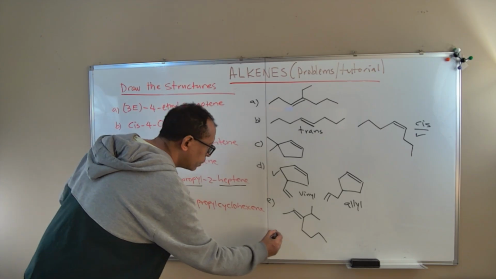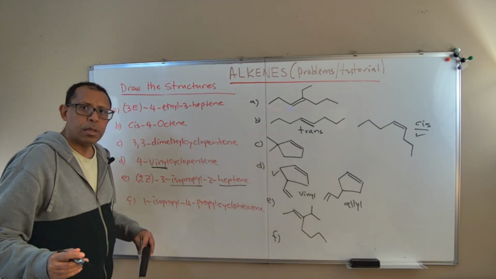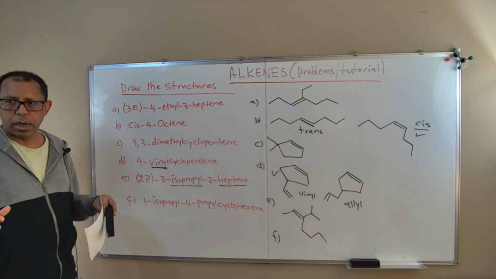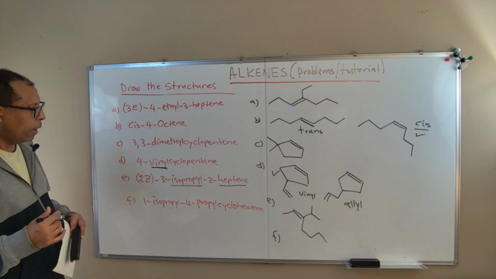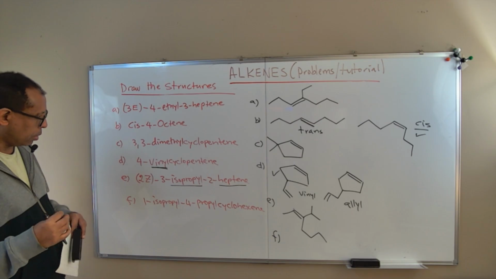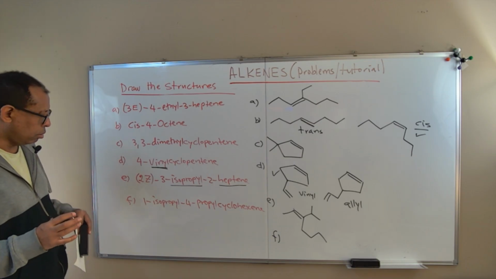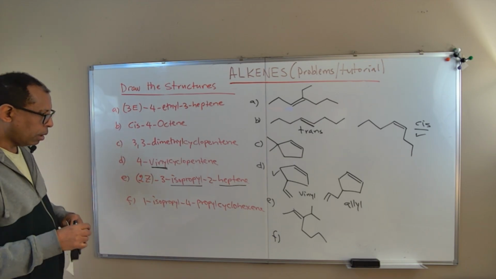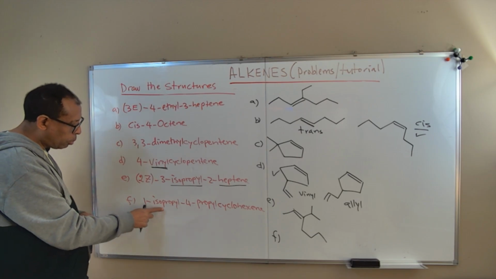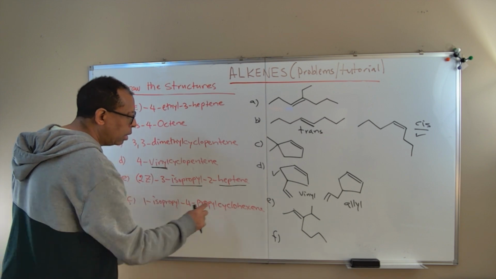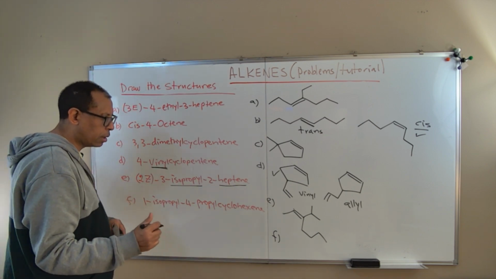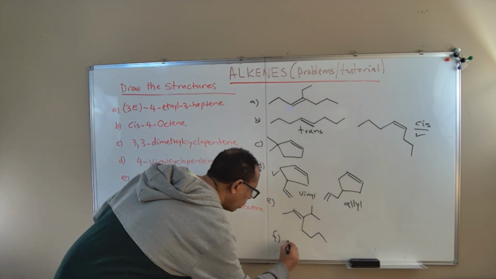F, the last one. So you should be practicing a lot of this, and you become more perfect, because exercise is the best thing to do in this kind of problems. 1-isopropyl, 4-propyl, cyclohexene. Cyclohexene is a 6-carbon ring system.